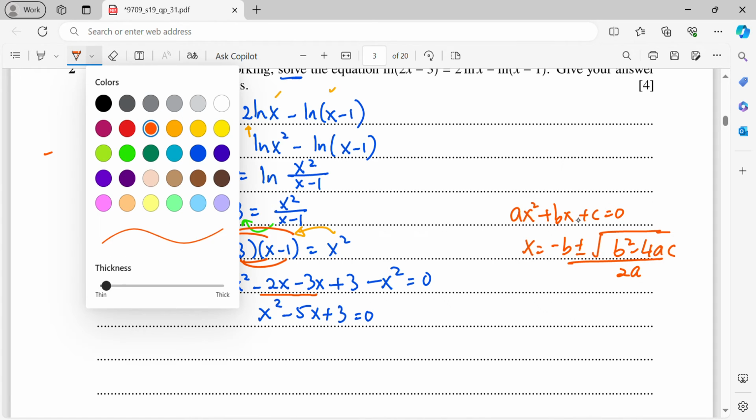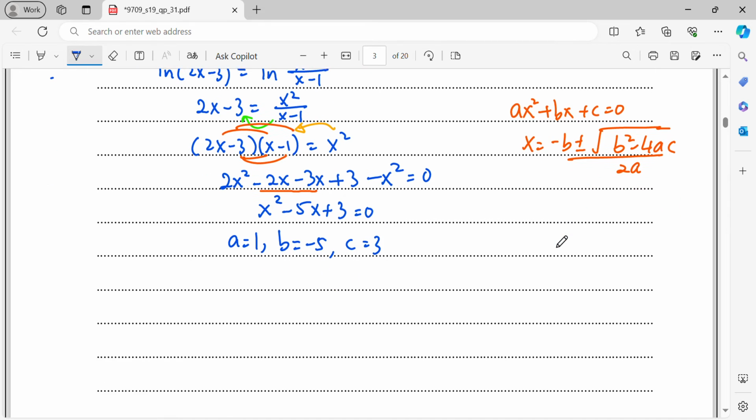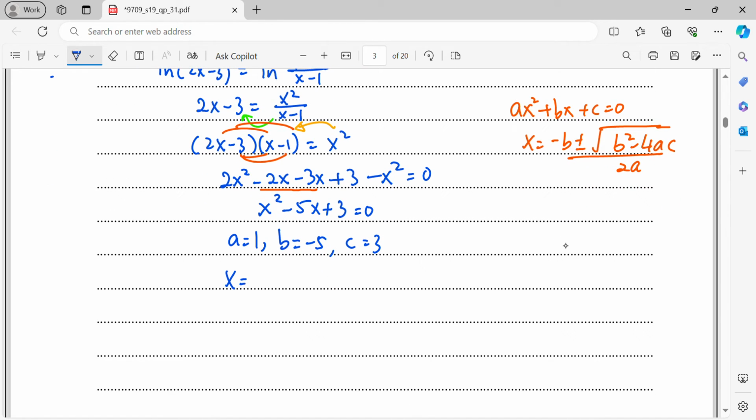Okay, that means now here I will write down my a, b, c first. My a is 1, b is minus 5, and c is 3. Then from here, your x is going to be minus b plus minus square root of b squared, which is minus 5 squared, then minus 4, a is 1, c is 3, then over 2a.